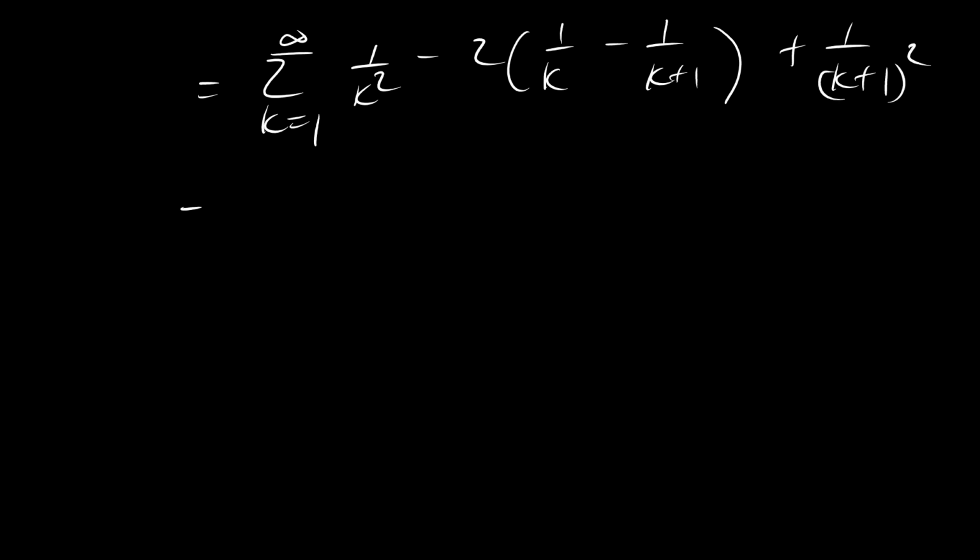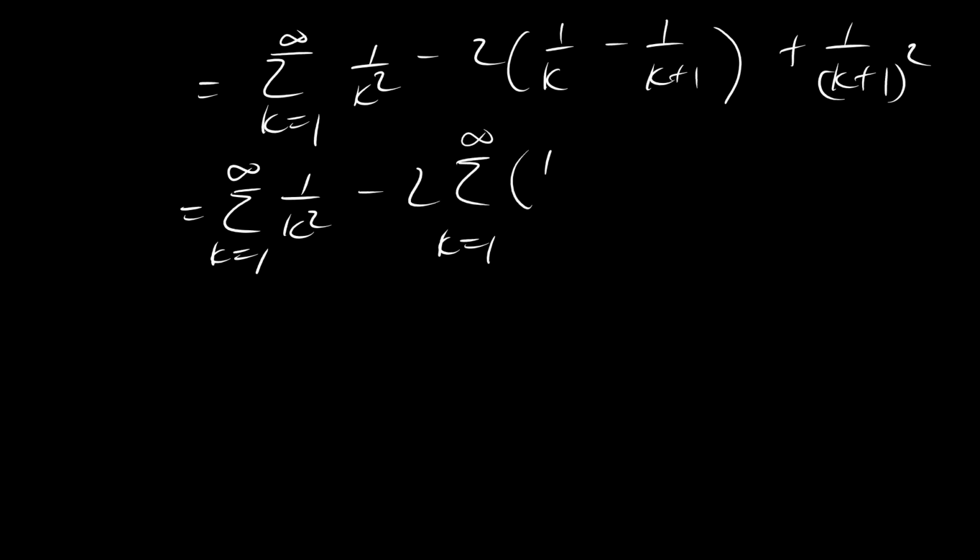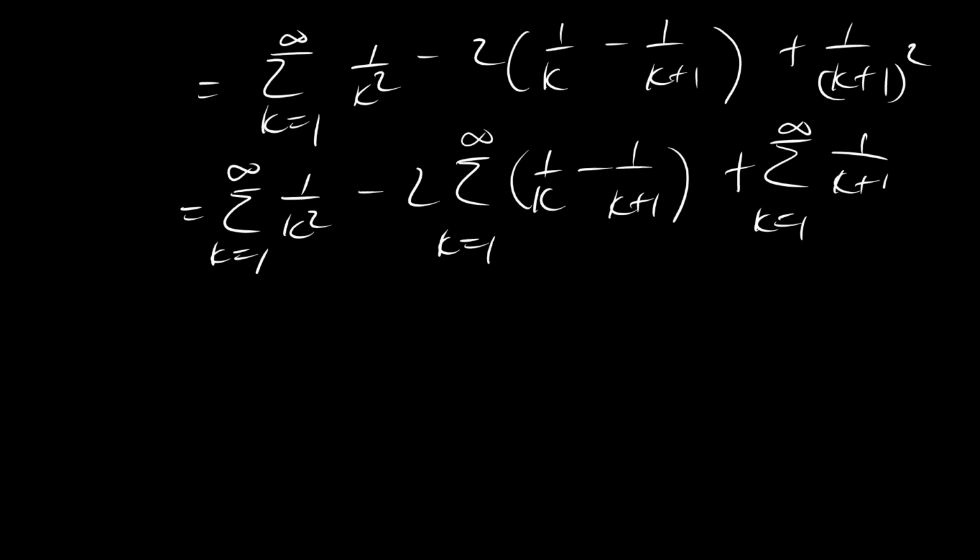Okay, so we can take this independently: the summation of 1 over k squared, minus twice the summation from k equals 1 to infinity of 1 over k minus 1 over k plus 1, plus the summation from k equals 1 to infinity of 1 over k plus 1 squared.